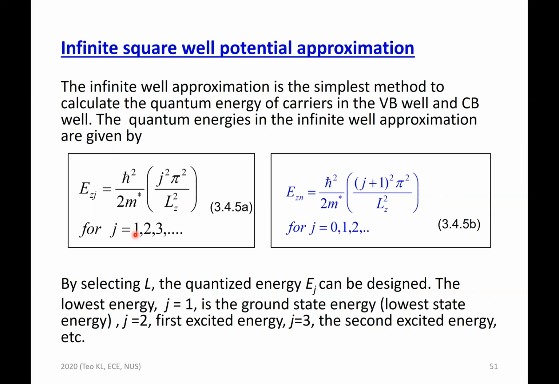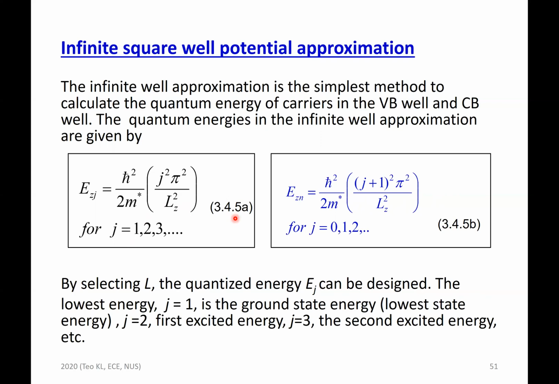So when j goes to 1, and for this case j goes to 0, they have the same equation or same value. Okay. So let us stick to equation 3.4.5a in our course.